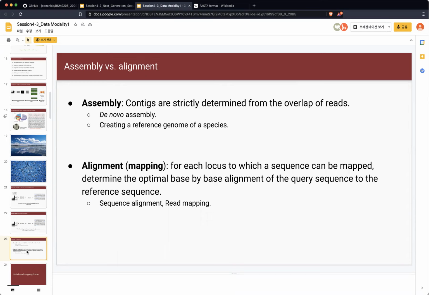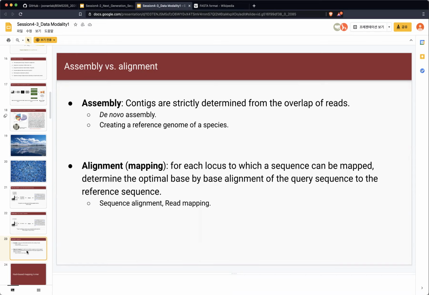So if you find a new species from the mountain, let's say a certain mushroom that no one has ever looked at in genomic research, then in that case you have to extract the DNA, and then you have to assemble that information into the reference genome.